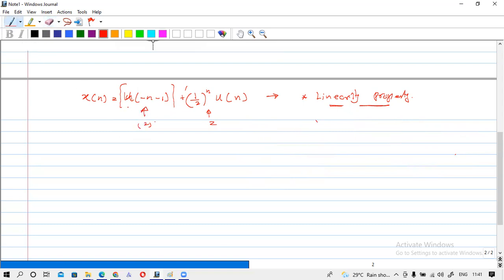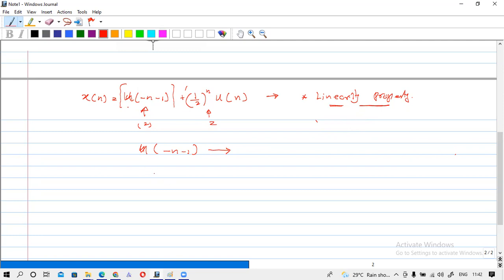So this is my function, u minus n minus 1. I'm not going to use the basic definition to evaluate this one. Instead, I am going to use some properties and try to find the answer.